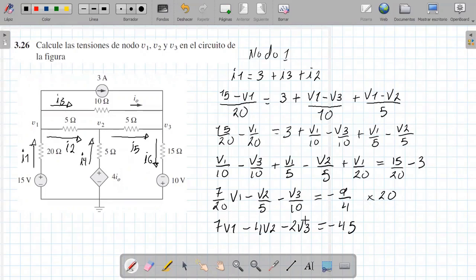Sometimes it is not even necessary to do this step to have a much clearer equation, but we could do it this way. So this would be our first equation. I'm going to put it here to have more space: 7 V1 minus 4 V2 minus 2 V3 equals minus 45.